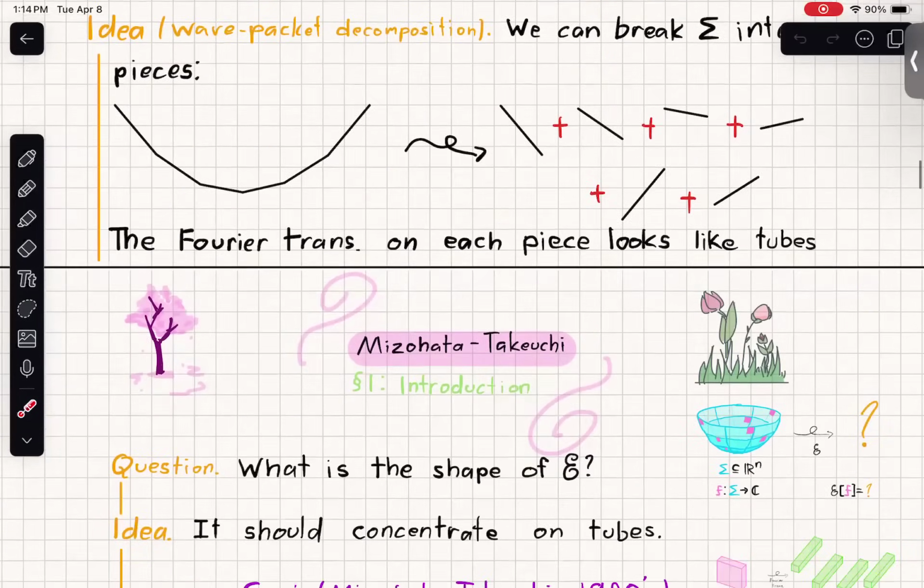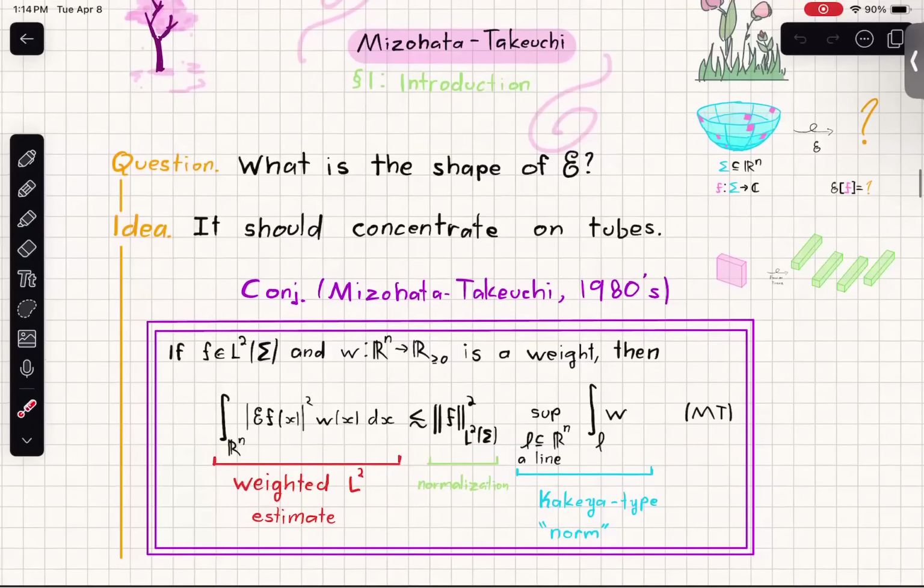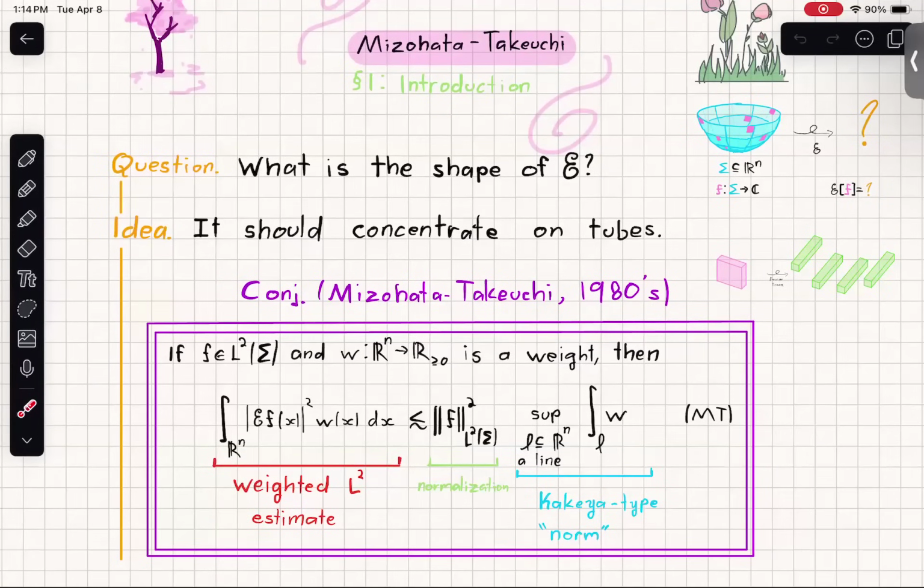In summary, we have this principle that if we take the extension operator, it should concentrate on these tubes. So how do we quantify what we might expect here? What we can do is take a weighted estimate.